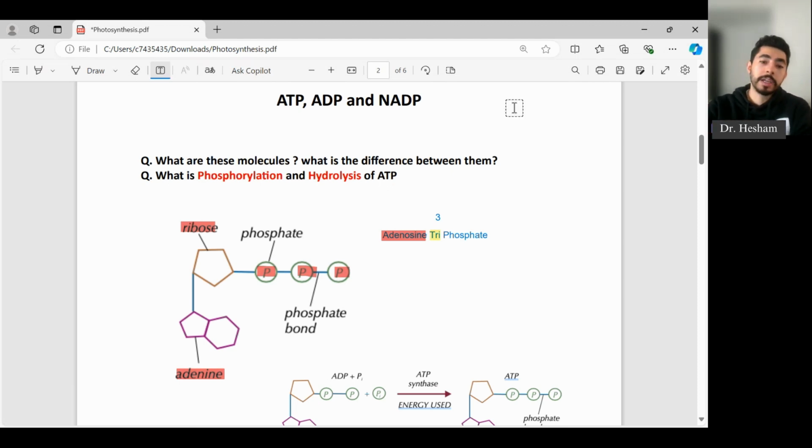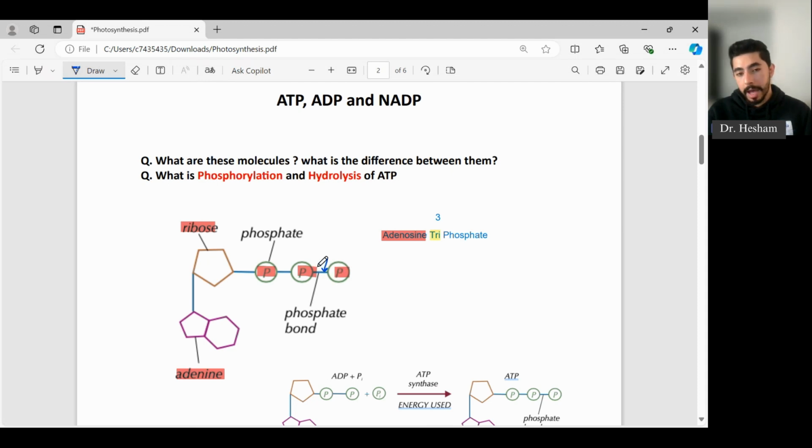And when we look at the structure, where is energy transported? What enables it to do this job? What enables it is this phosphate bond, this last phosphate bond right here. This phosphate bond is full of energy.